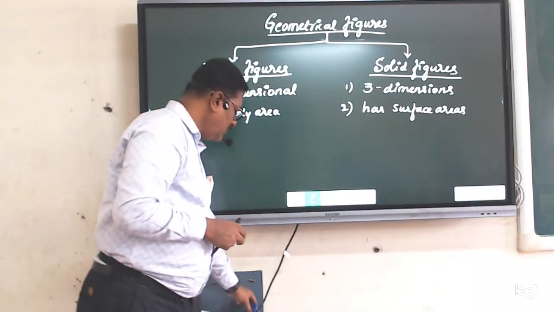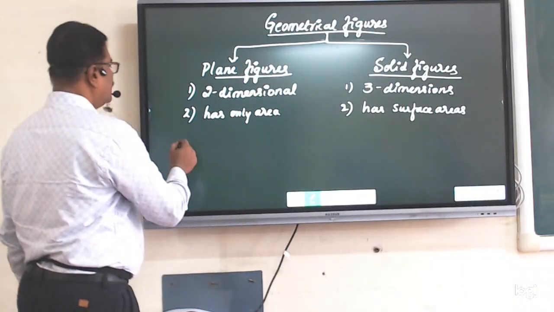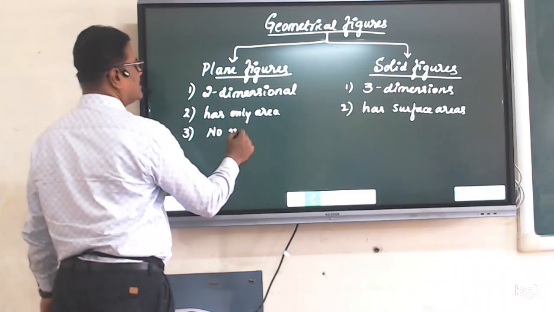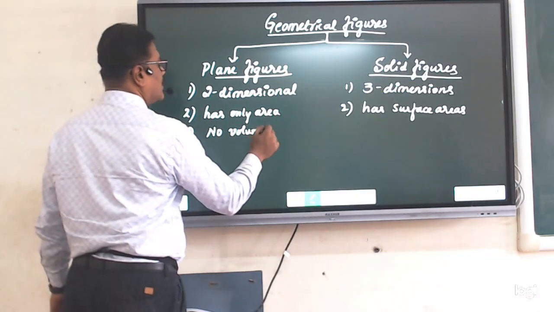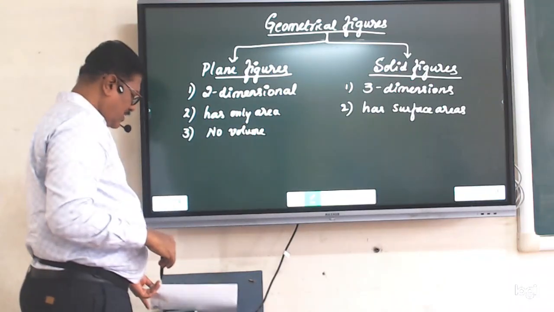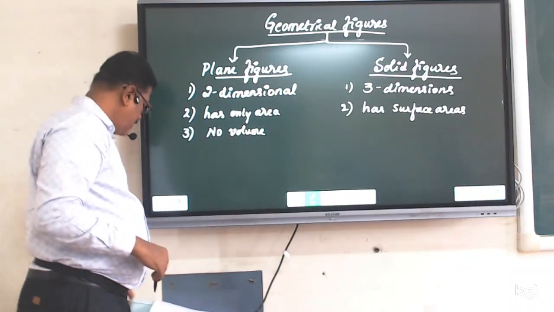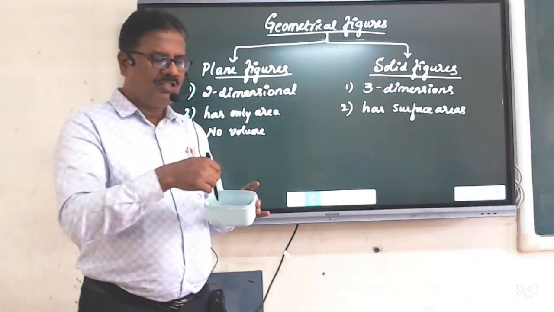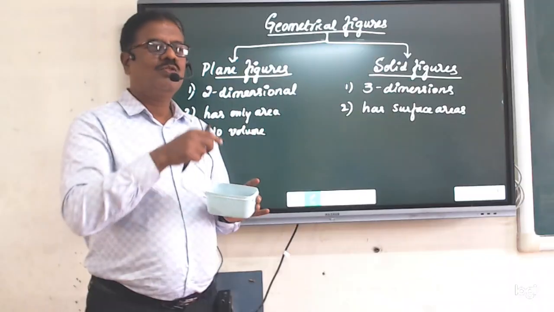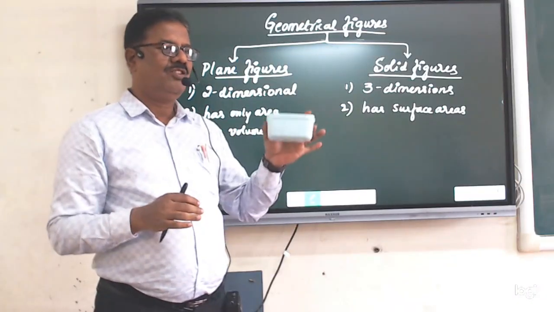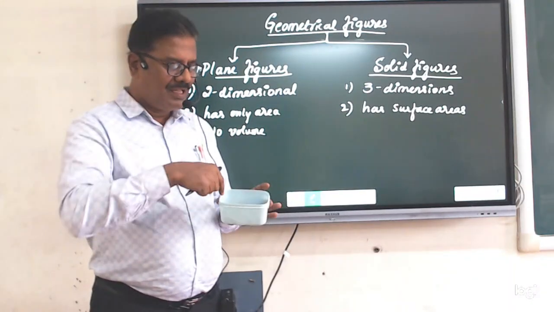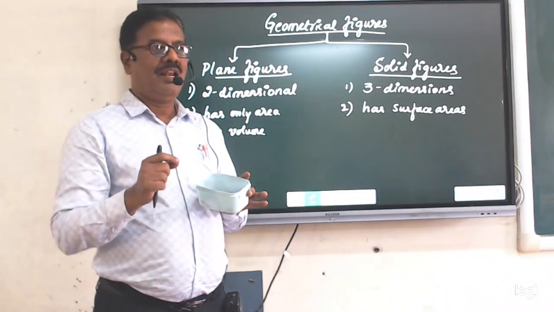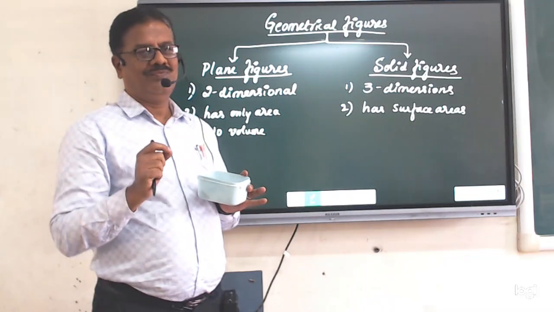And the third one is a very important one. We say there is no volume in plane figures. Let me make it clear what is meant by volume. For example, if I take this box, it has an empty space inside so that something can be filled inside this box. Means the empty space inside the solid, filled by air, is called volume.